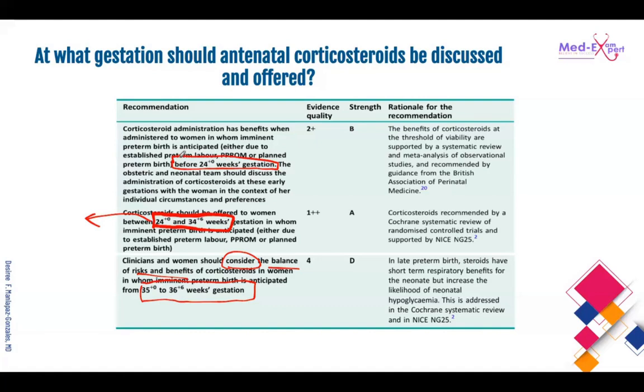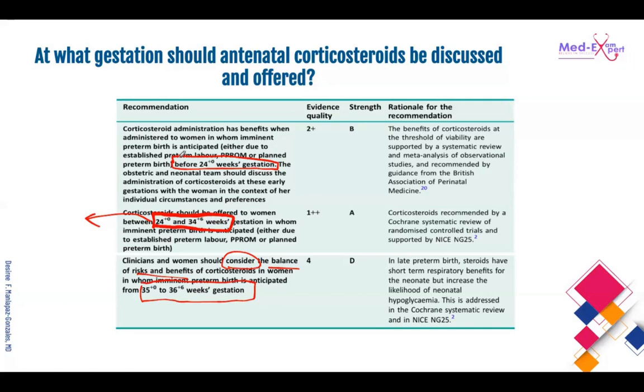But the British Society of Pediatricians say that you can offer a course of antenatal corticosteroids even to patients from 22 to 24 weeks. This is a recommendation of the British Society of Pediatricians, and you can read it in the guideline in detail. But generally, you offer corticosteroids from 24 to 34 plus 6 weeks.